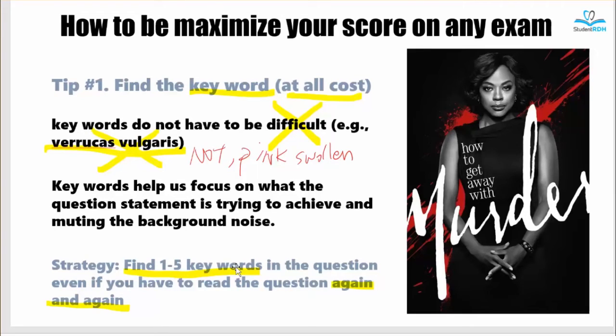So why not slow down a little bit and really focus on those keywords? Because also, they give you some words that are going to be tricks. So if we didn't try so hard to find what's really important, we might be tricked by those words that they have given us on purpose.